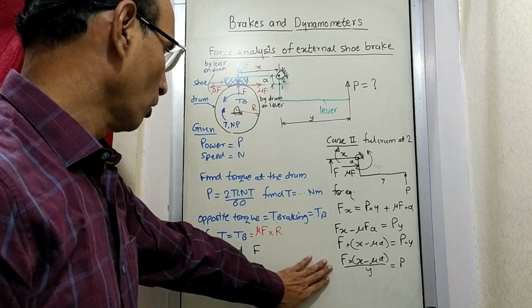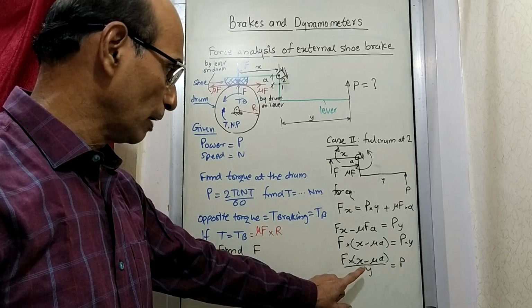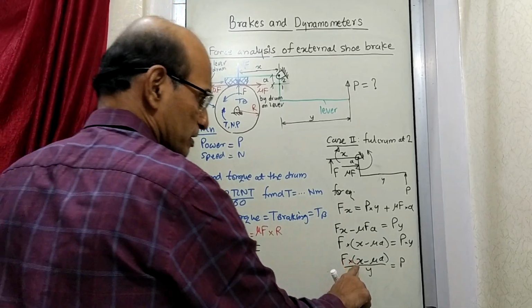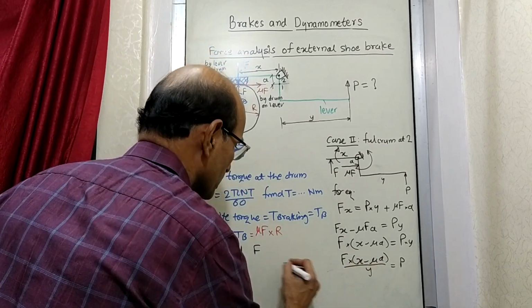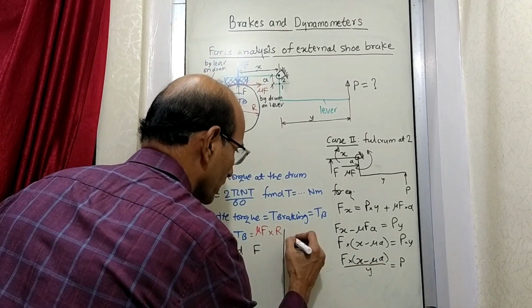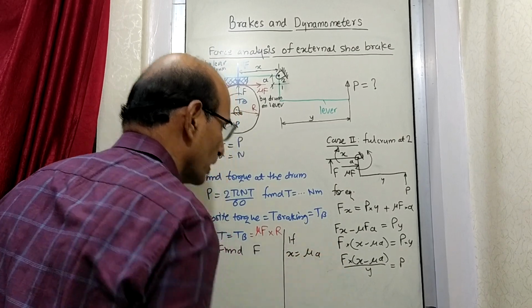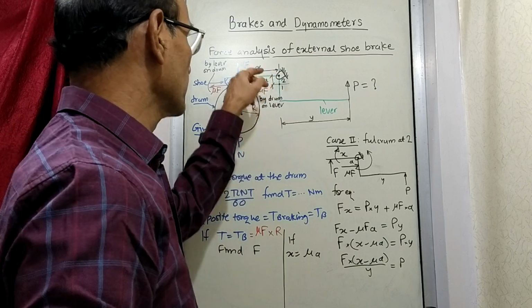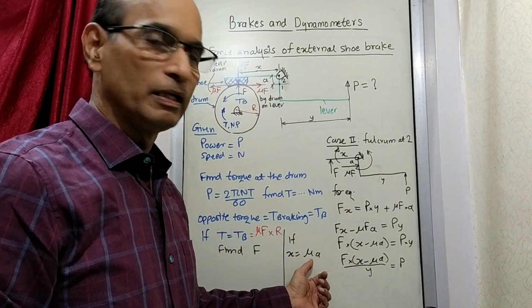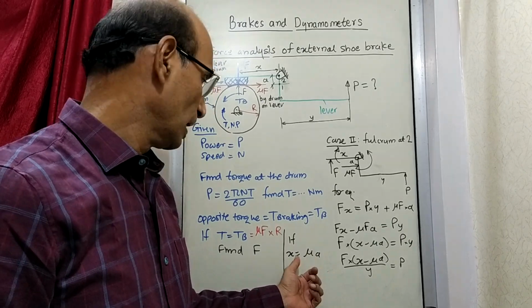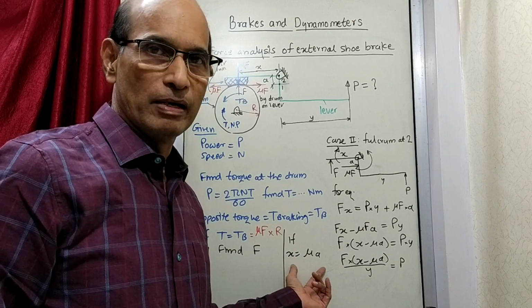Now here what we have to observe is that one very special thing will happen here. See how the bracket is made up of F into (X minus mu A) upon Y. So just tell me what happens if X is equal to mu A. That means whatever the distance X and distance A are, it is such that if you multiply A by mu, that is going to give you X. Suppose that is the way the dimensions are available.